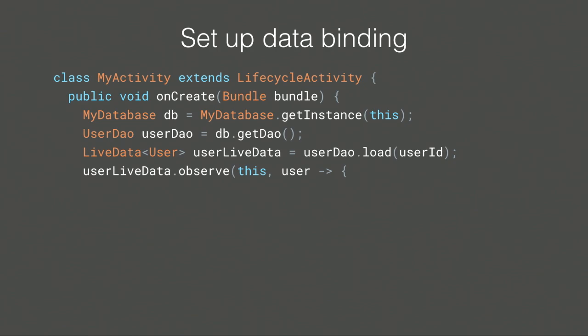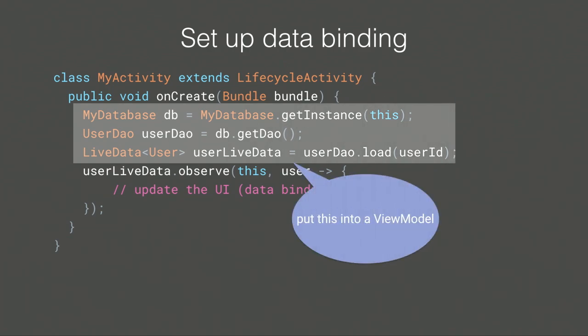And now we are going to use the observe method on this LiveData object, passing two parameters. The first parameter is the reference to the lifecycle owner. This is our activity. And the second parameter is the callback that is going to be invoked by Room at runtime every time this user information changes in the database, on the first load or on the subsequent updates.